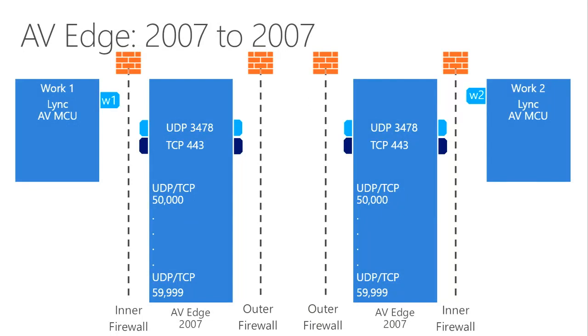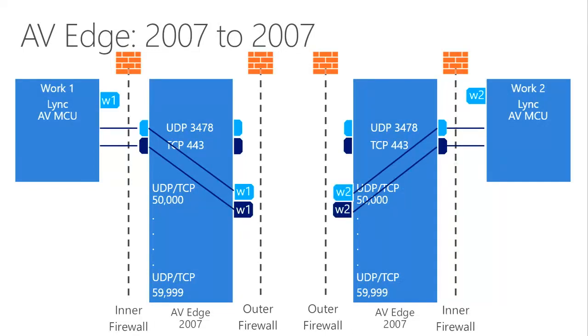Scenarios: on the very left side, I have work user 1. Then I have the AV edge server of work user 1. Then there's the other scenario of Contoso, edge server, the user. They want to do a call. So what's happening first is work user 1 allocates the candidates and sends them over SIP to work user 2, who allocates candidates. The candidates are allocated in the 50K port range.